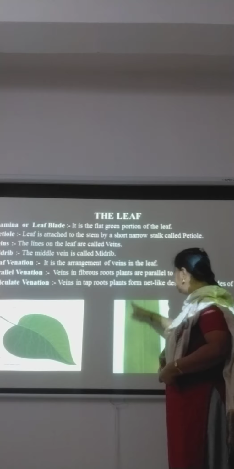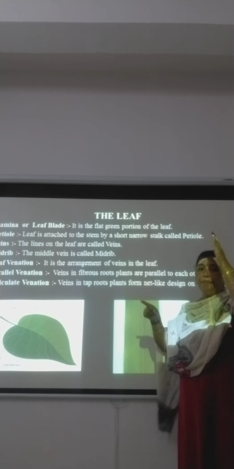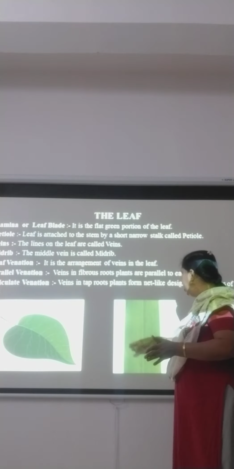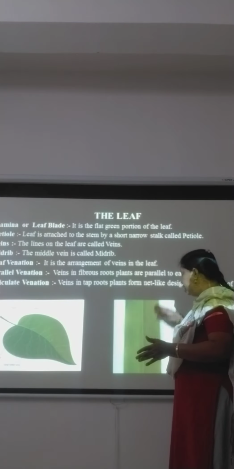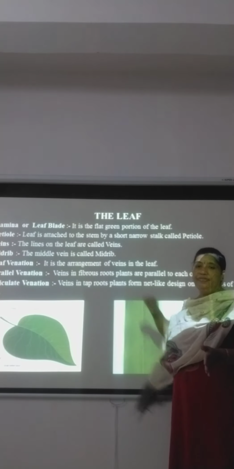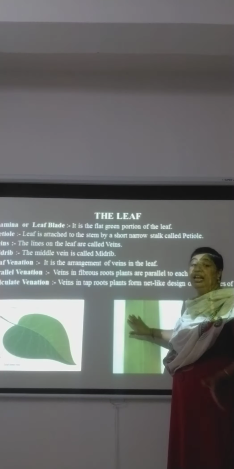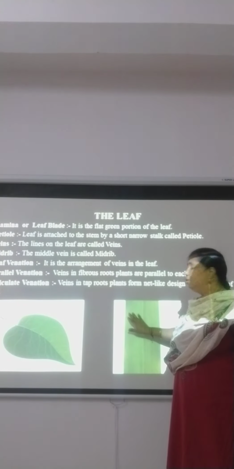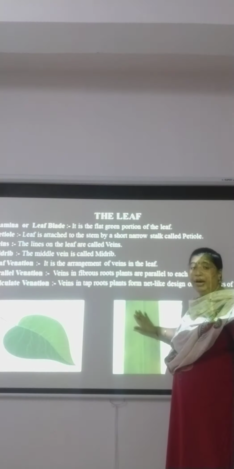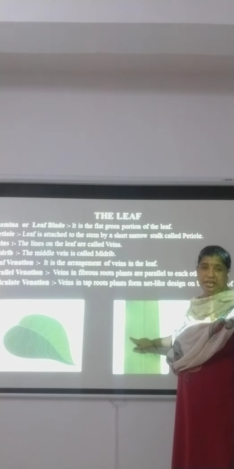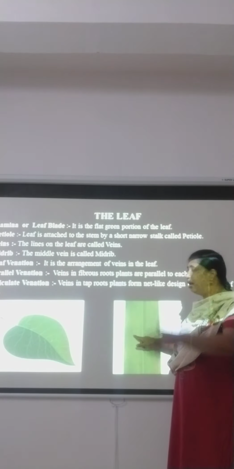Parallel venation means the veins are parallel to each other. Such type of venation is called parallel venation. Example, banana leaf. In the banana leaf, the veins are in parallel venation. They are very, very long and straight.